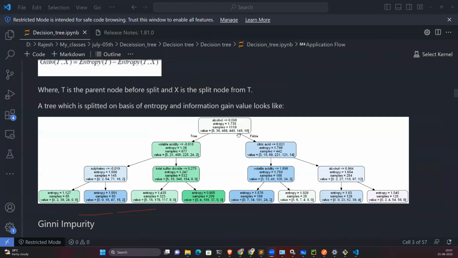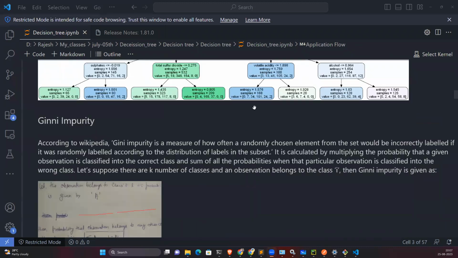Then the second way is Gini impurity. Gini impurity is also one of the ways with which we can calculate the primary node and child node. How does Gini impurity work according to Wikipedia? Gini impurity is the measure of how often a randomly chosen element from the set could be incorrectly labeled if it was randomly labeled according to the distribution of the labels in the subset.